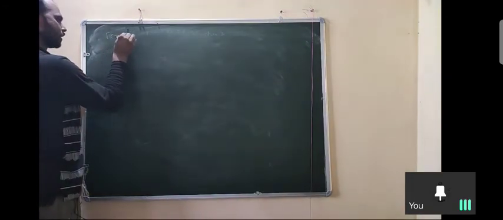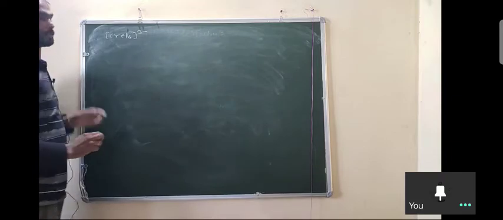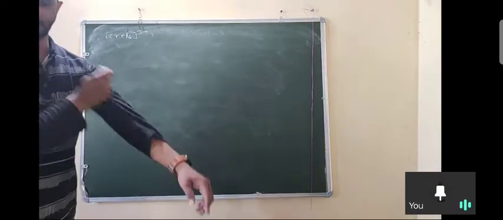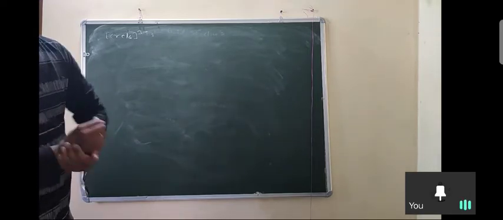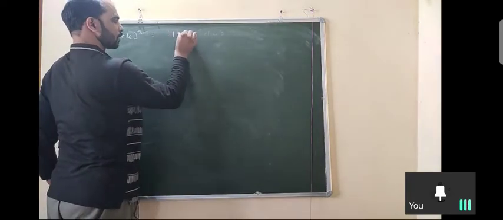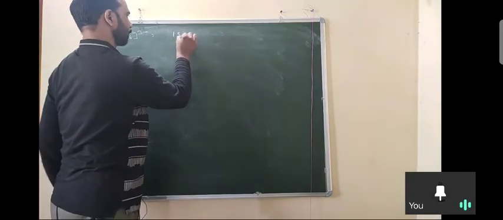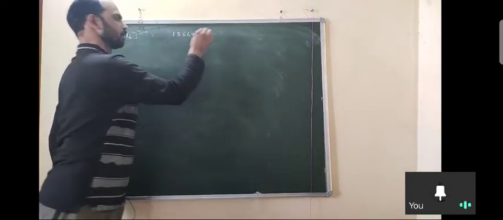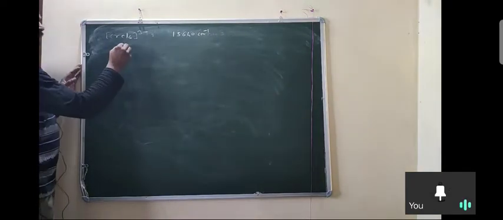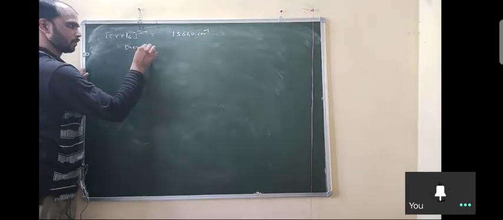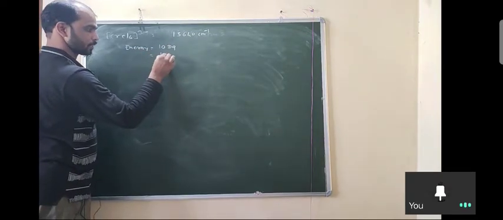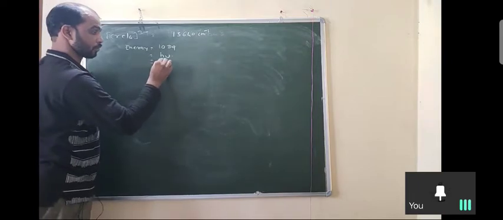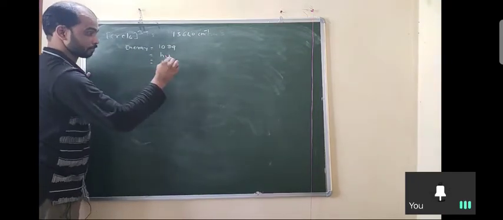For the complex which is given, CrCl6 3 minus, the absorption frequency is given, the complex shows d-d transition at 13,640 per centimeter. Okay, so the same way we can calculate. Energy is equal to 10 Dq, which is equal to h nu, or equal to h c nu bar.